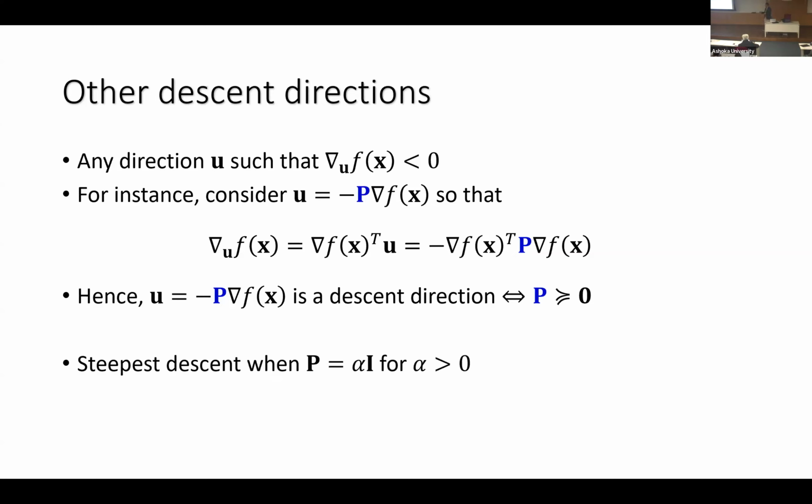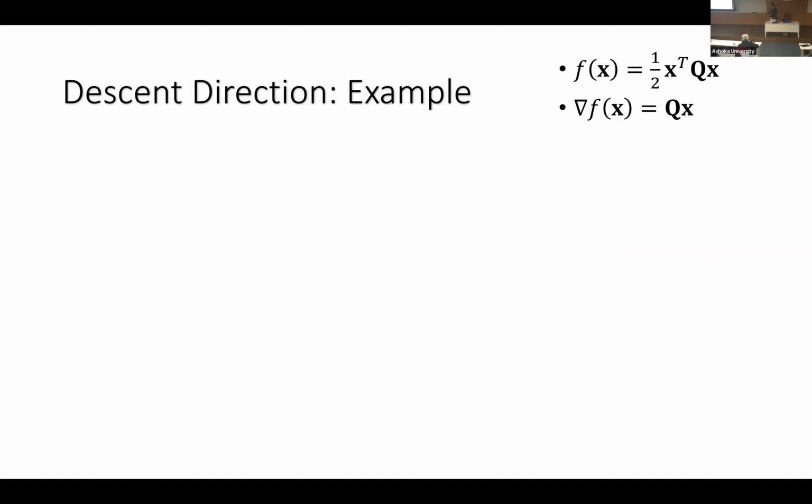And the steepest descent direction is of course the one where you pick P equal to a scaled multiple of the identity, so P equal to alpha I for alpha positive. I'm just giving some examples in the quadratic case because it is simple to give examples. All these figures you can draw yourself in Python very easily.